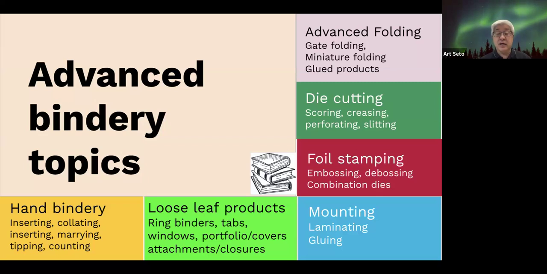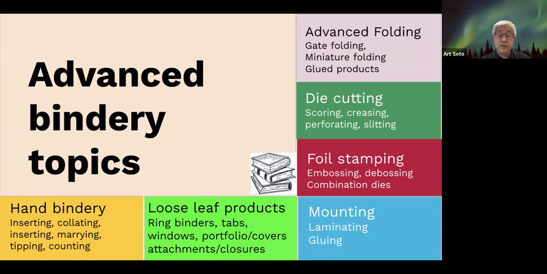Often done on a die cutter is scoring and creasing and perforating and slitting as well. We'll take a look at foil stamping, which is often also used for embossing and debossing. We'll take a look at combination dies or complex foil stamping. We'll take a look at mounting and laminating and gluing and tipping as well.